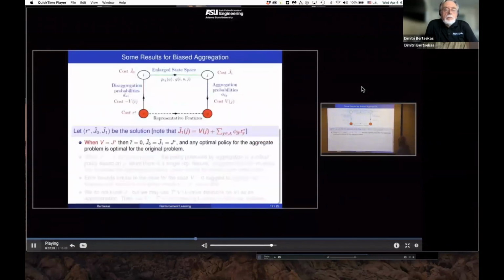Given this V, and given this aggregate framework, including the enlarged state space but just a different cost structure, you will have Bellman equations giving you R star, J tilde 0, and J tilde 1. Note that because of the presence of V, J tilde 1 is going to be V plus a correction, okay? This is the correction that we add to V in order to get an approximation to J star.